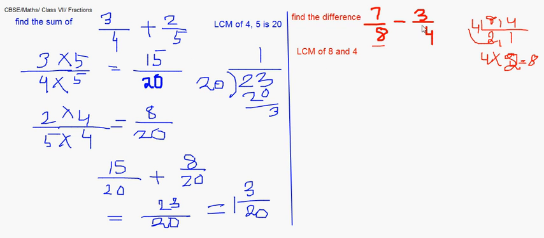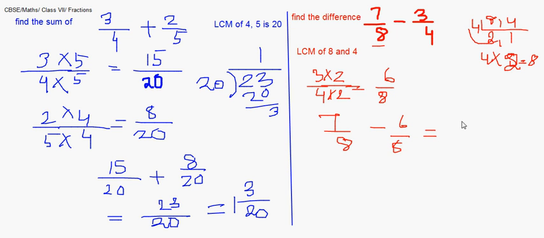So the only one we need to convert is 3 by 4 into a fraction with denominator 8. To do so, we multiply the denominator by 2, doing the same thing in the numerator, thereby getting 6 by 8. So our question now becomes 7 by 8 minus 6 by 8, thereby giving us 1 by 8.